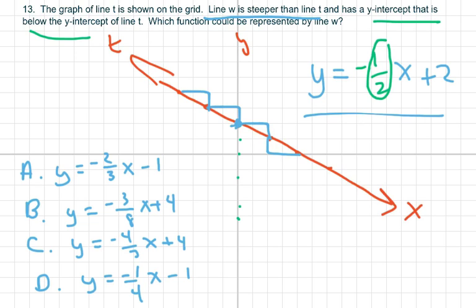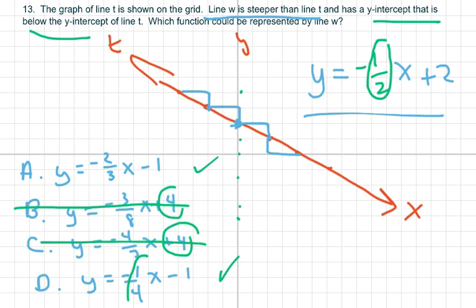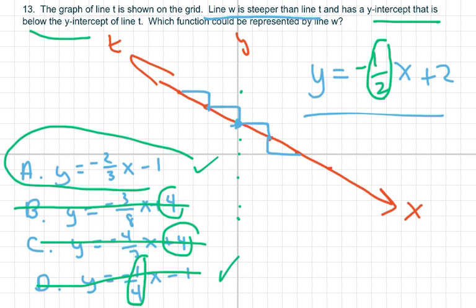So we can quickly rule out these two, because these y-intercepts are 4, which would be above. So it's either A or D. And what number is smaller than 50 cents, or a half? Well, this number is smaller. And so that doesn't work. We want one that's steeper. So 2/3 is bigger than 1/2. So our answer is A.